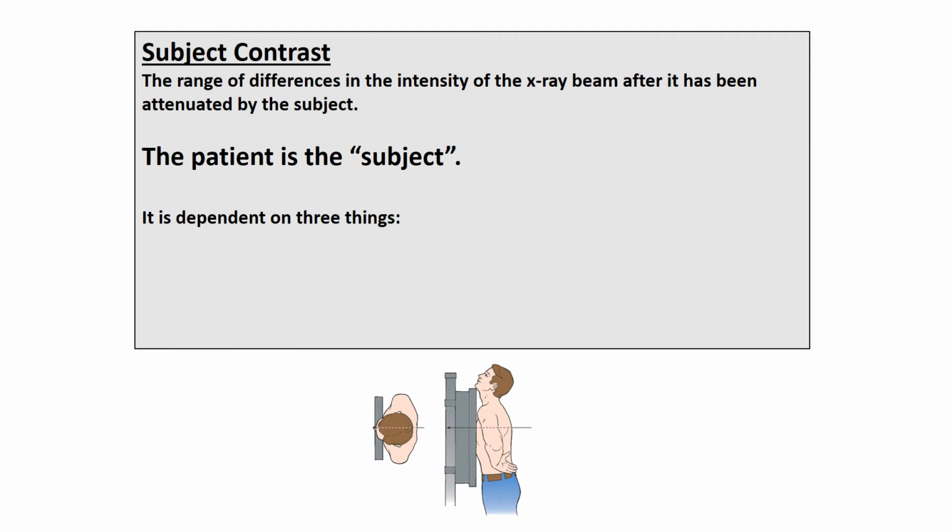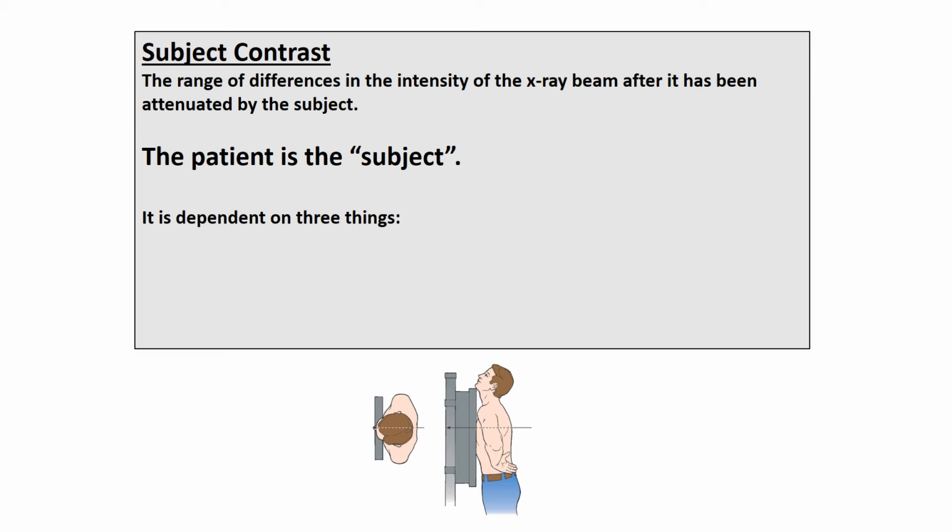So the differences in intensities, amounts of photons. Why say subject? Whenever you hear the term subject, subject means the patient. The patient is your subject. He or she is the subject of the examination. So we've got subject contrast, subject detail, and so forth. So subject is patient.